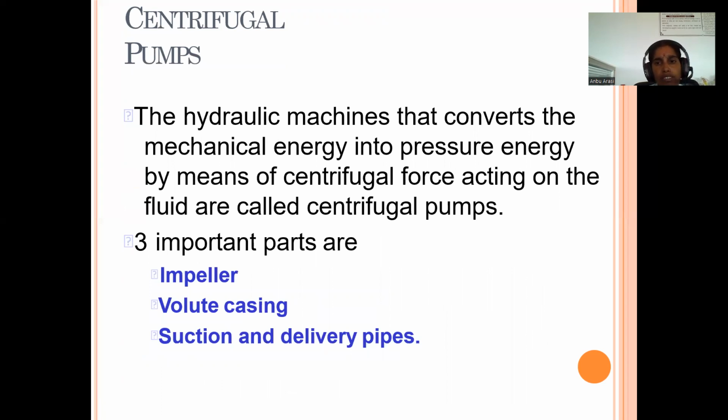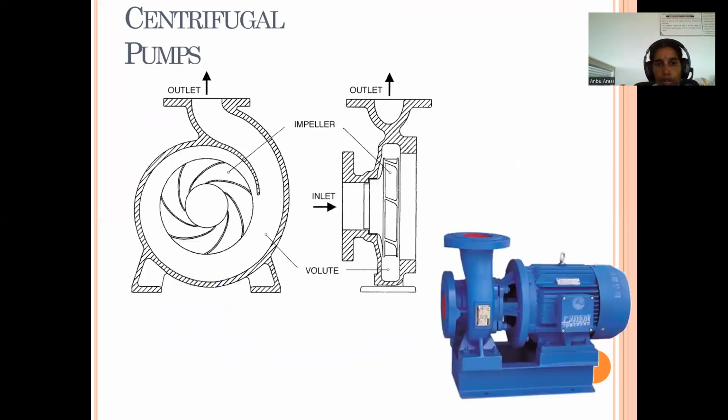Centrifugal pumps. The hydraulic machines that convert mechanical energy into pressure energy by means of centrifugal force acting on the fluid are called centrifugal pumps. Three important parts in centrifugal pumps are the impeller, volute casing, and suction and delivery pipes. This is the cross-section of a centrifugal pump.